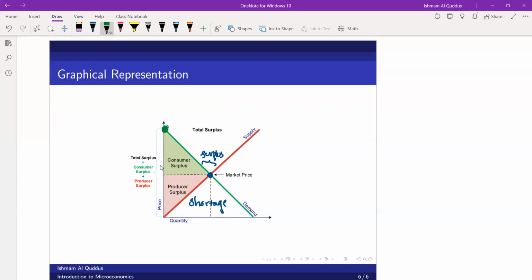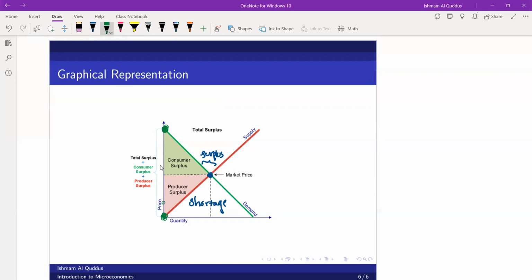Also in case of producer surplus, try to understand this point gives us the cost, right? The lowest cost. So the sellers or the producers at this point would definitely participate in this market.